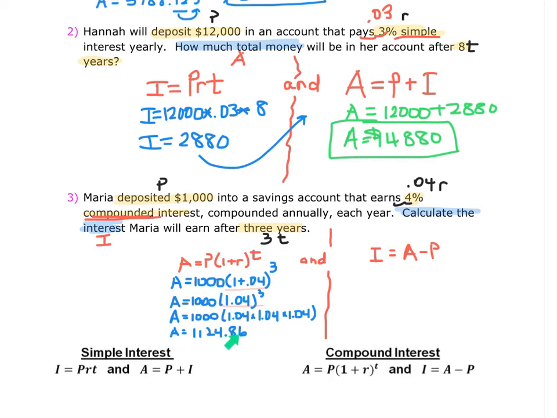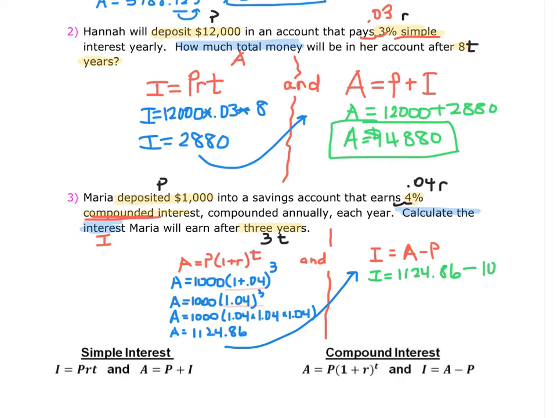$1,124.86, but I'm going to have to then find the interest, so I'm going to take that number and substitute it into the I formula, which is I equals the account balance, the 1,124.86, but this time for the compound, it's not adding the extra step, it's subtracting.